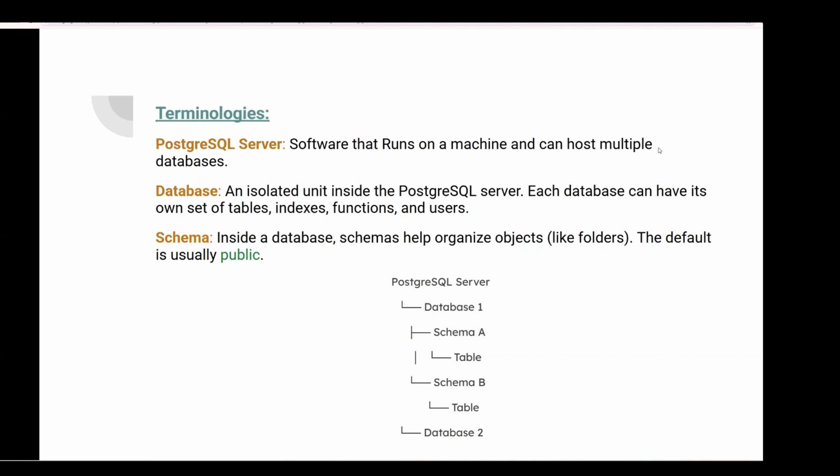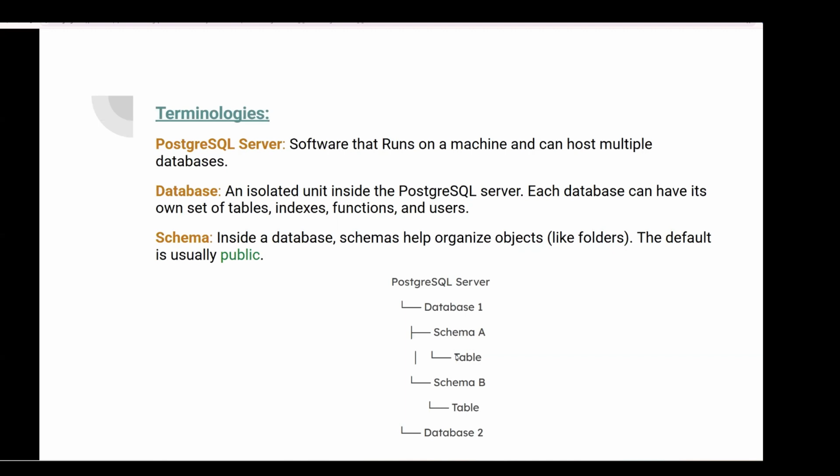Next, schema. Inside a database, schemas help organize objects like folders. The default is usually public. If you don't specify the schema, it creates all the tables under the public schema. You can see in the image here, there is a PostgreSQL server. Under that, you have database 1 and database 2. In database 1, there is a schema A and schema B, and under those schemas you can find the tables.